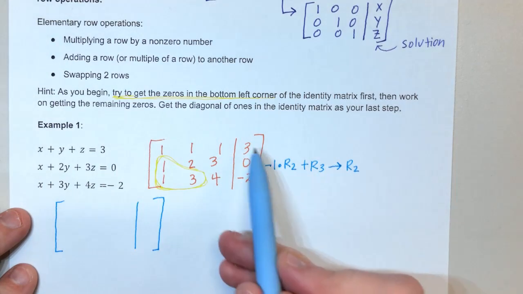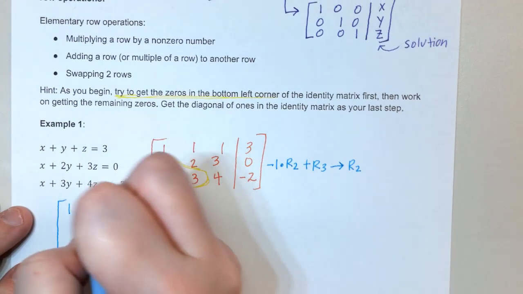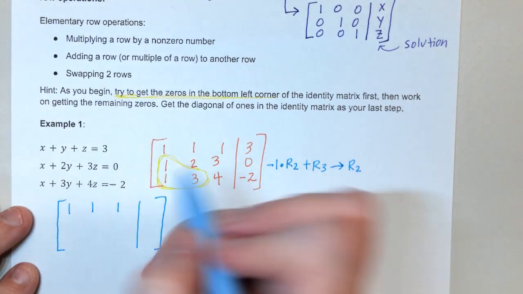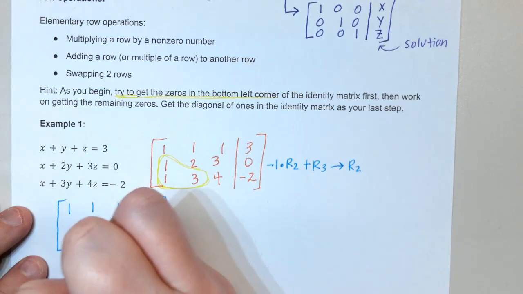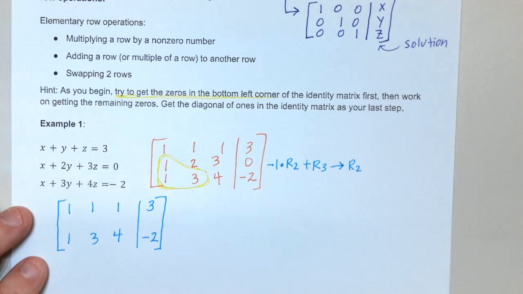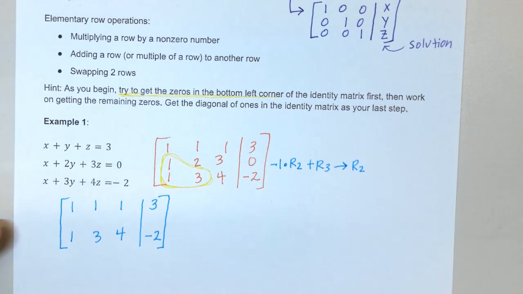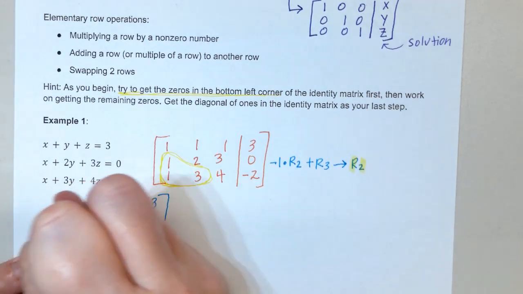Yeah, we're going to write down row 1 and row 3 first into a new matrix so that we don't accidentally change numbers that we don't need to change. So we're going to replace row 2 right here.